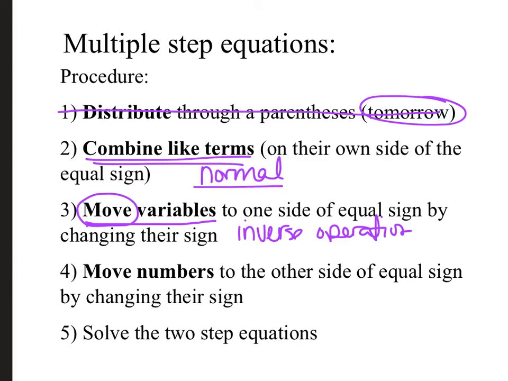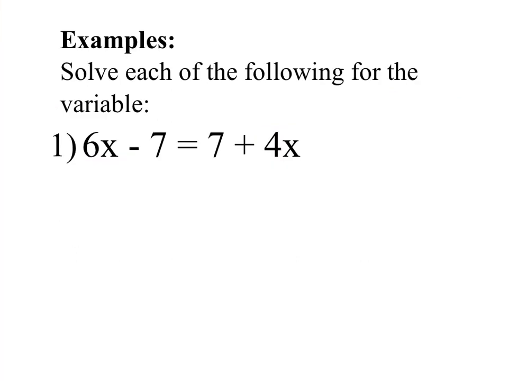Move the variables first, move numbers, also inverse operation. Okay, and then we solve whatever two-step equations show up. Okay, solve each of the equations for the variables. So let's do step by step, okay?